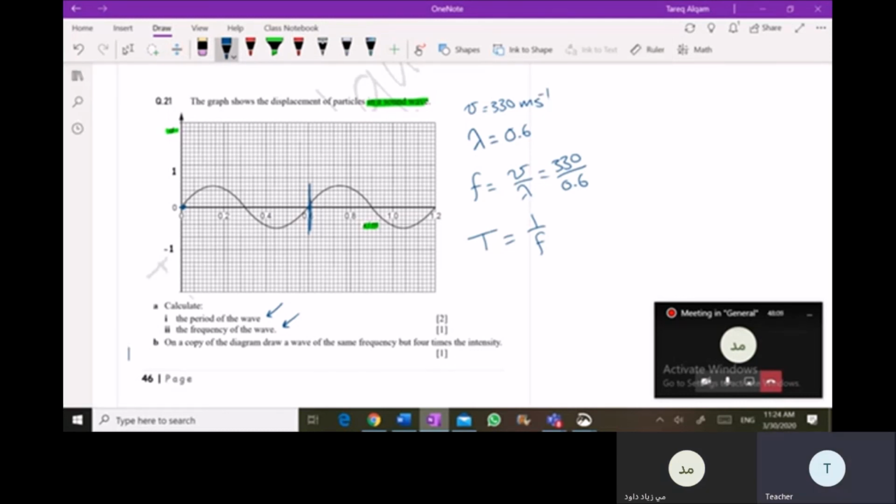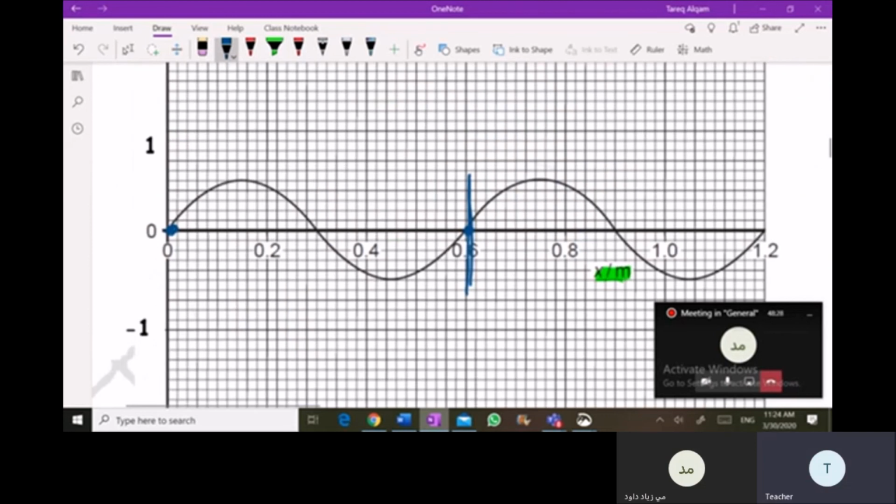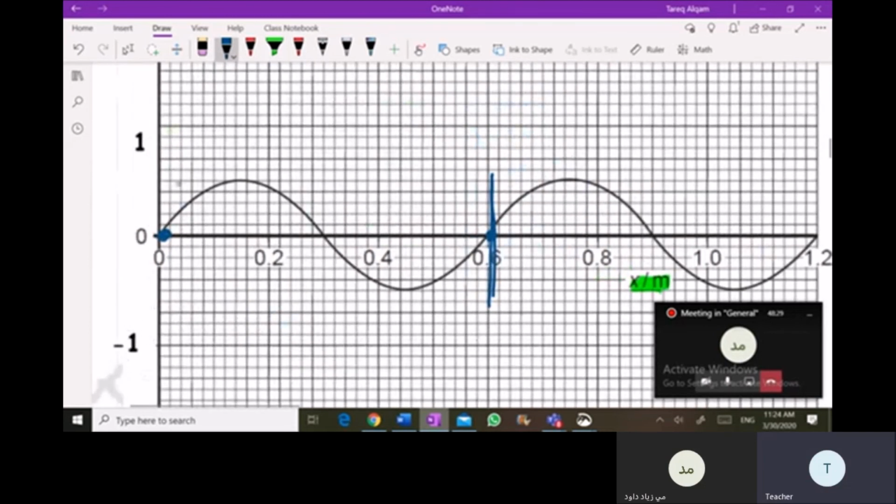The important one, this part, B. On a copy of the diagram, draw a wave of the same frequency but 4 times the intensity. Because we know that the intensity is related to the amplitude, we have to use the relation between intensity and amplitude. First of all, here the amplitude is what? 1, 2, 3, 4, 5, so 0.5.